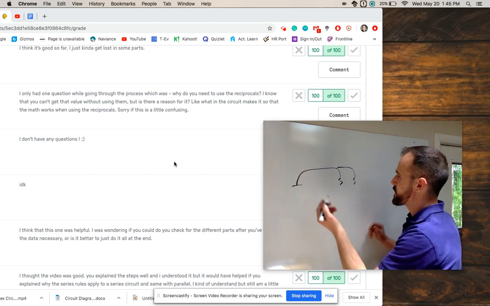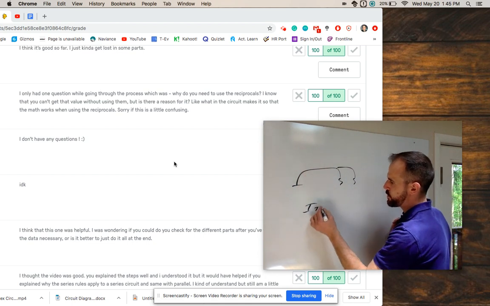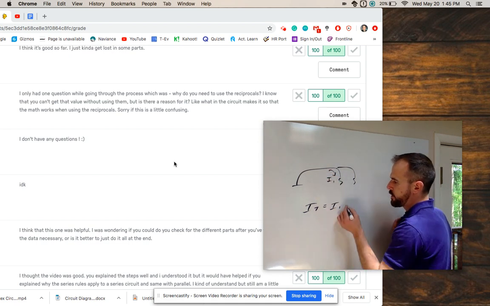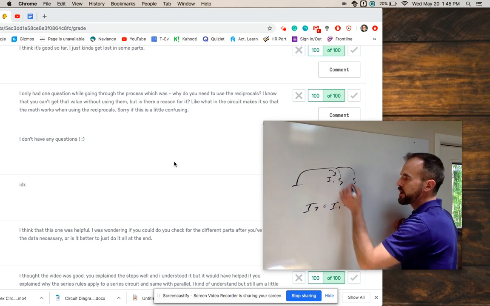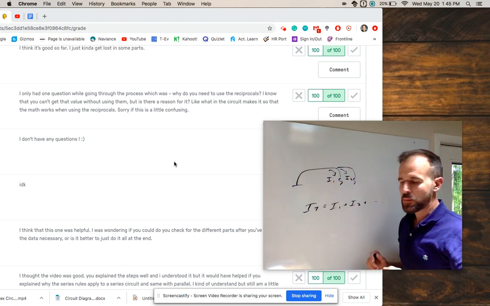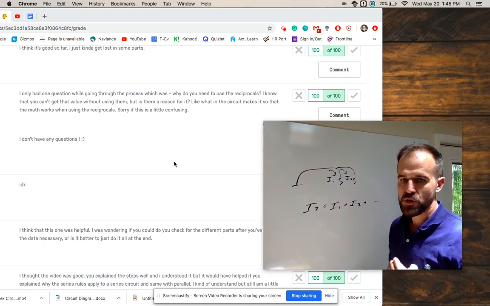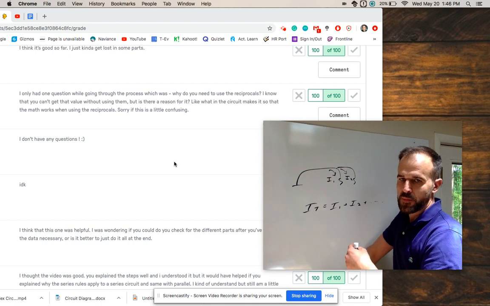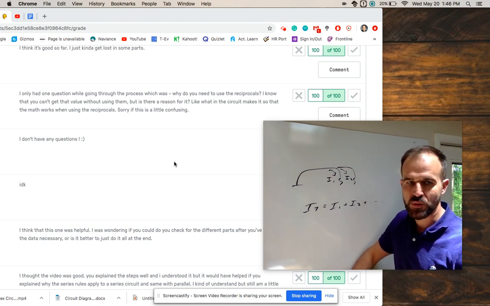When you have multiple pathways, we say I total equals I1, the current that goes down one way, plus I2, the current that goes down the other way, and if there's more, we keep adding them. So my interpretation of why we use the reciprocals is if we replace I here, and maybe there's a better explanation, let me look into it and I'll get back to you.